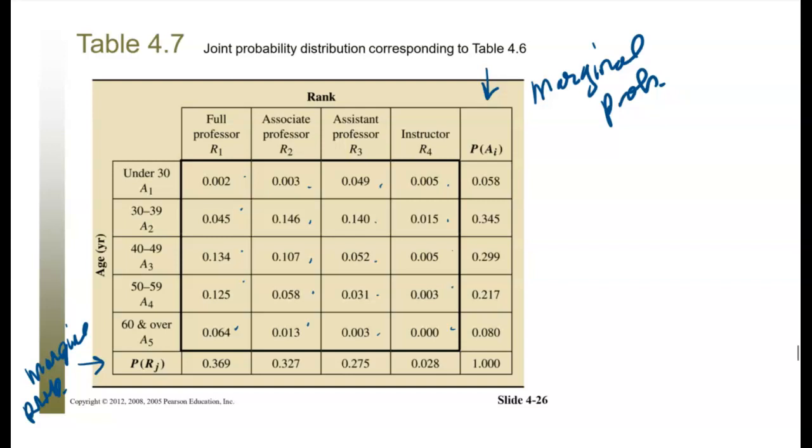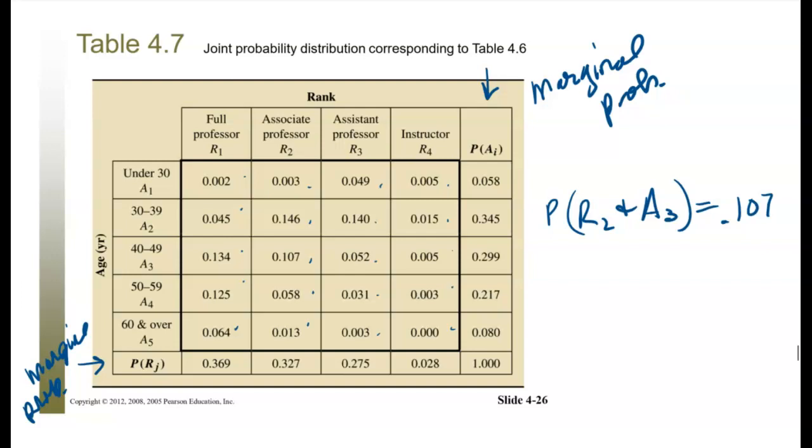So now we know that a faculty member selected at random, the probability that that faculty member is an associate professor, age 40 to 49, we just need to follow the table, equals 0.107. So there's a 10% chance that a faculty member selected at random at the institution is an associate professor age in their 40s.